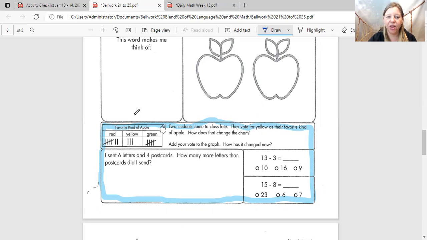For example, if adding 2 tallies under yellow makes it so that it now has more votes than red, which it doesn't, but if that was the case, then you would say yellow now has the greatest number of votes. Do you get it?